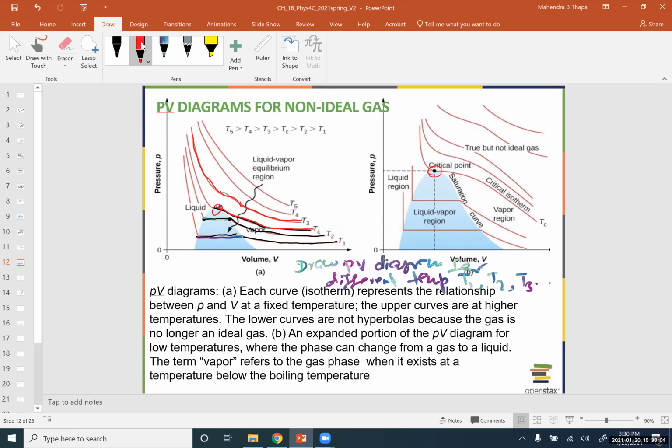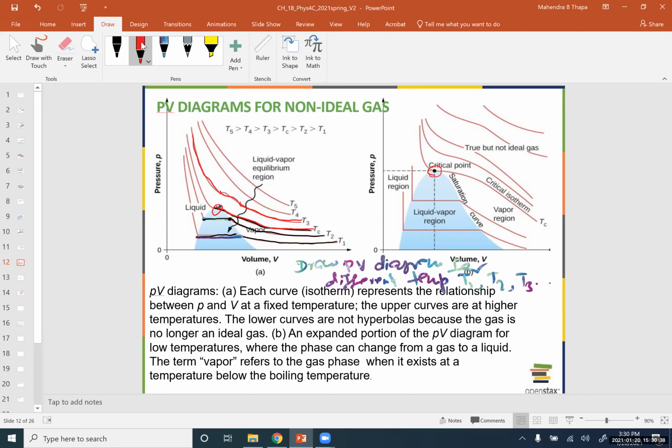This graph is different from the ideal scenario. In the ideal scenario, if you decrease the volume, pressure will always increase. But in this scenario, with the decrease in volume, pressure will also increase, but it will not condense into liquid after a certain temperature.